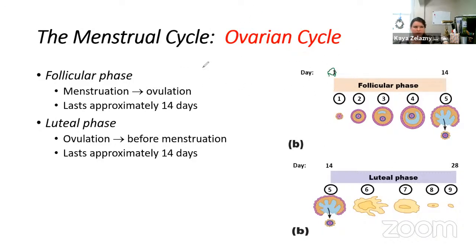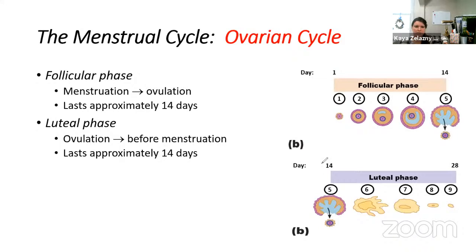So the whole cycle can be split in half. It's running from the first day of your period, the first day of menstruation, until the last day right before... or we're going to split it in half.